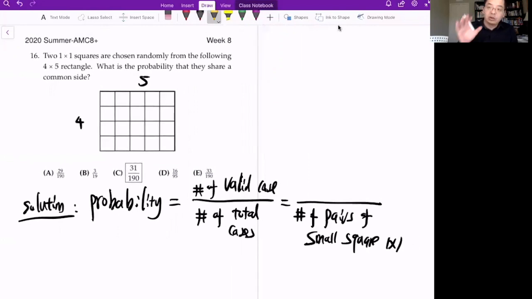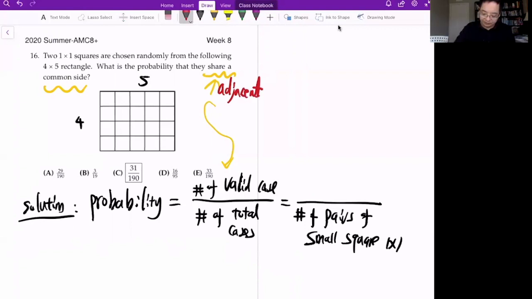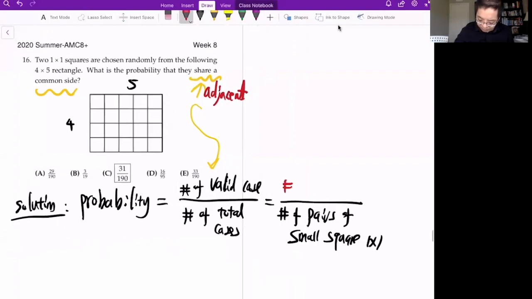Okay, so now those good cases, we are looking for those pairs that they share a common side. So this we call the valid cases. Let's, for convenience, say we call them adjacent. So here, when I said adjacent means they share a common side. So the number of adjacent pairs, right?